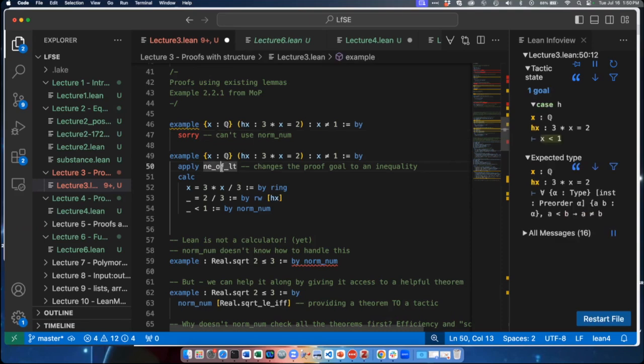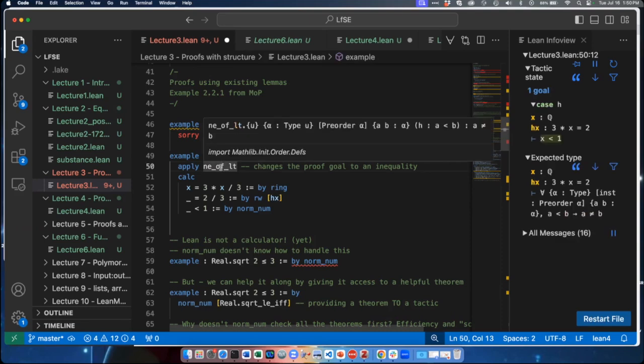So ne_of_lt: if I put my cursor over this theorem, it will show me what the theorem statement is according to the documentation. And it has a bunch of these words. We have alpha, Type U, PartialOrder, a, b : alpha, h : a < b, colon, a not equal to b.